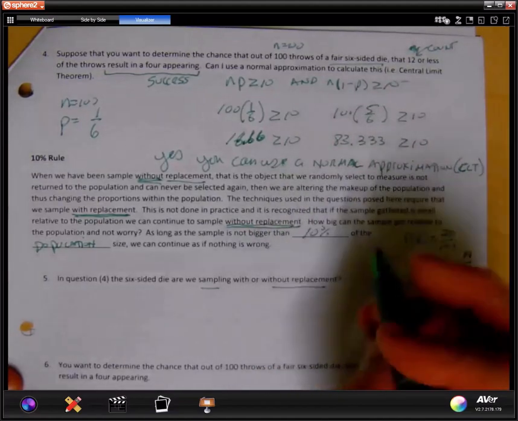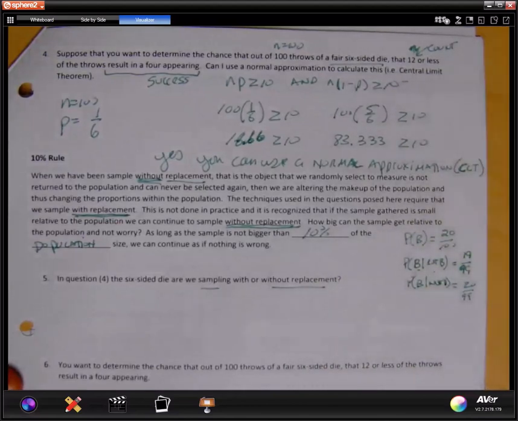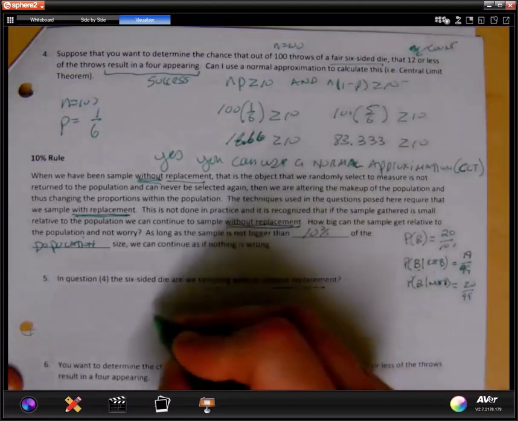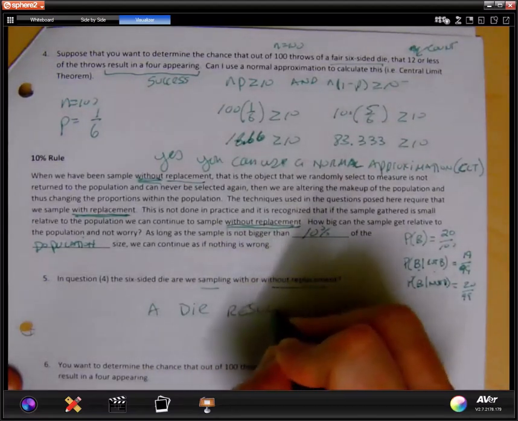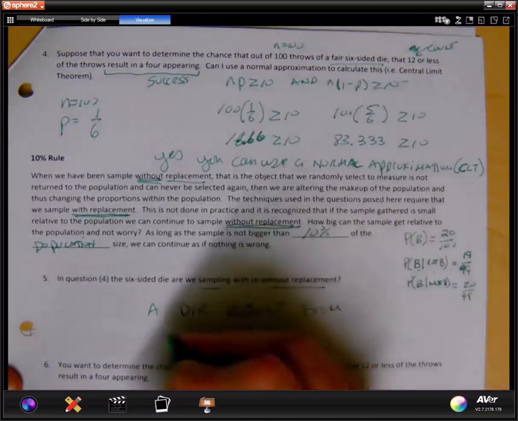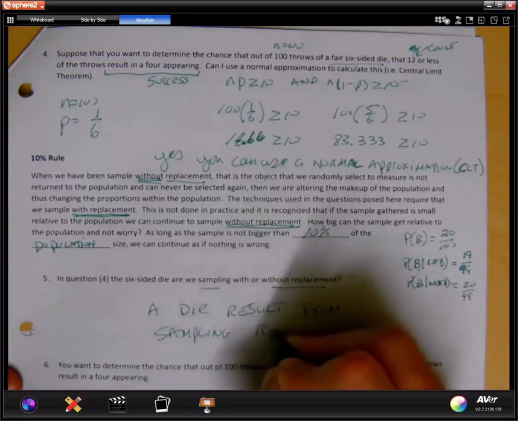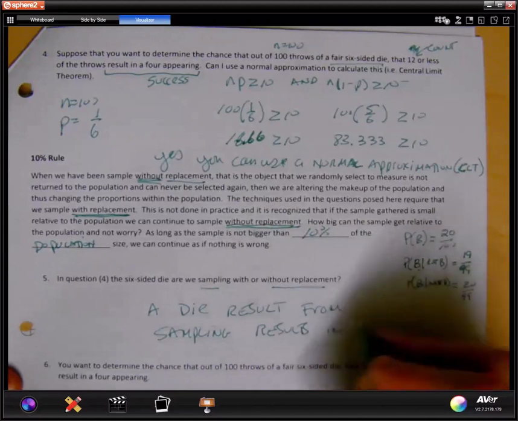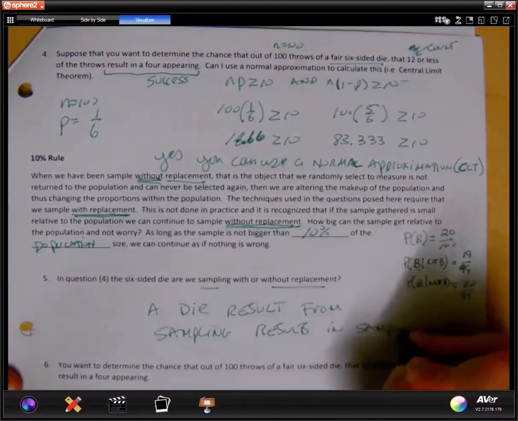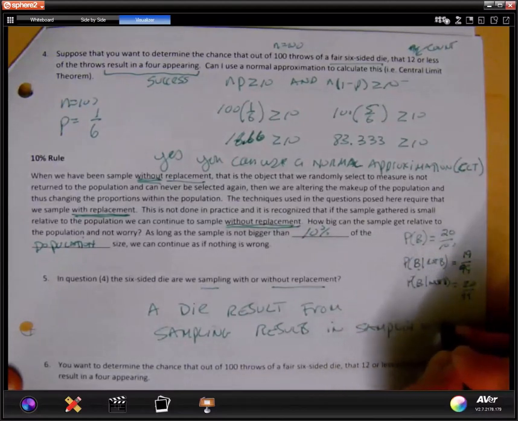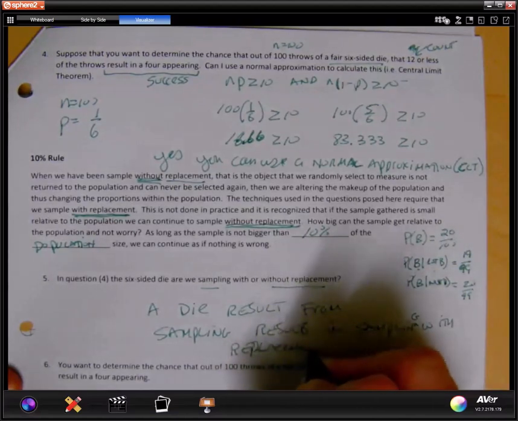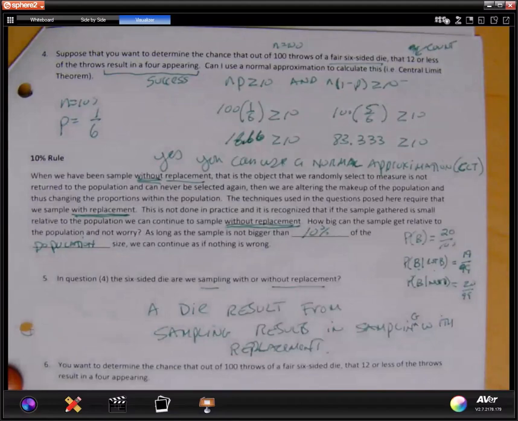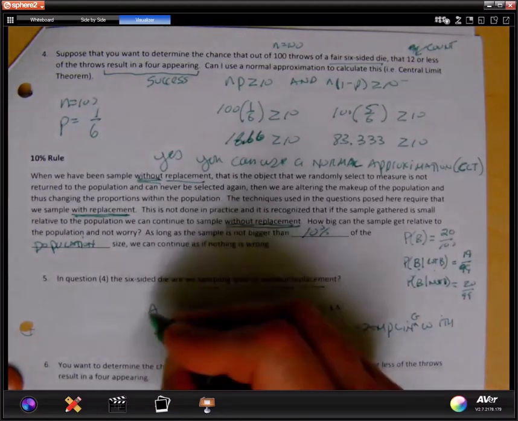So even though I am not taking anything out or putting it back, the die results in sampling with replacement. So it's the equivalent of this. So we are sampling with, again, replacement.